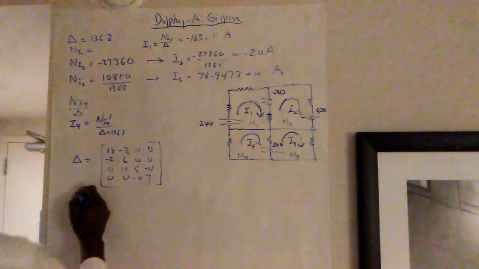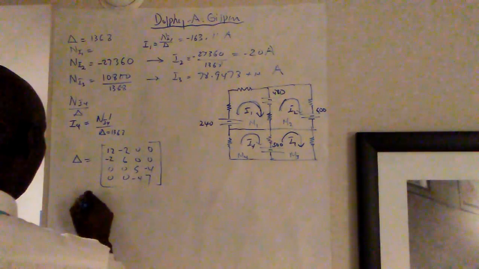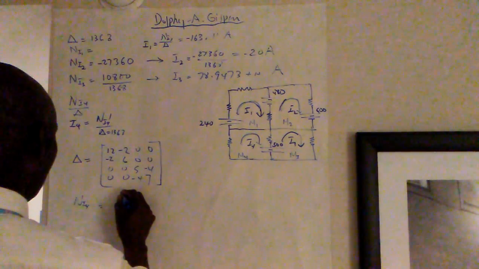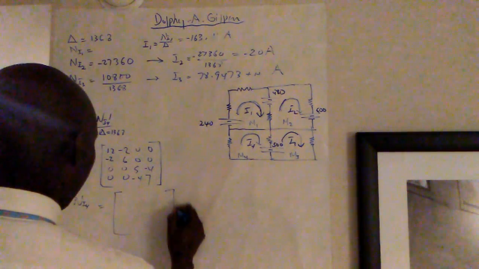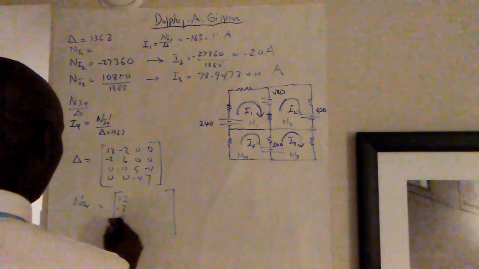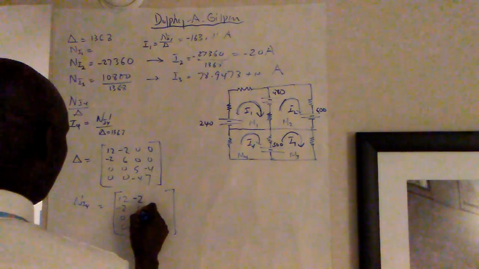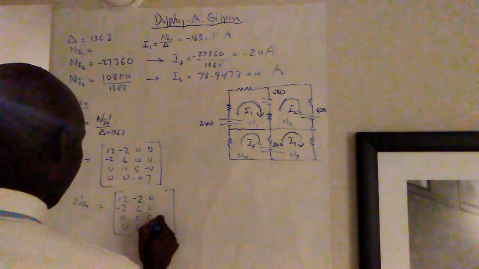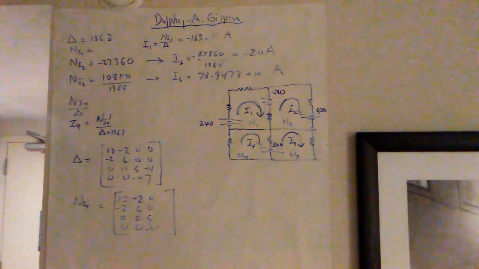And so we say now that Ni4 will be equal to the determinant now of 12, minus 2, 0, 0, minus 2, 6, 0, 0, 0, 0, 5, and minus 4. I'll replace the fourth column now by the voltage values.